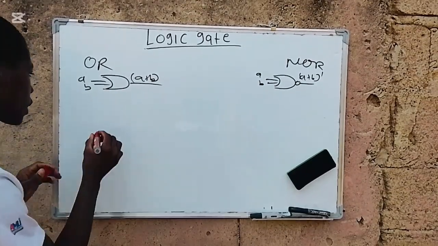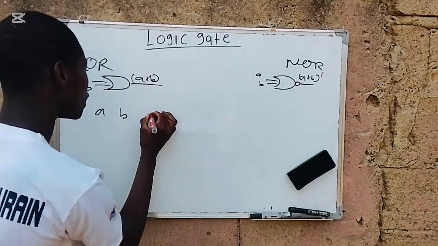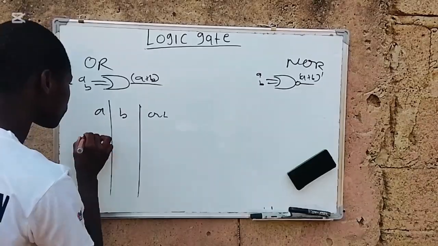So what will be the truth table? The truth table has A, B, and the output.